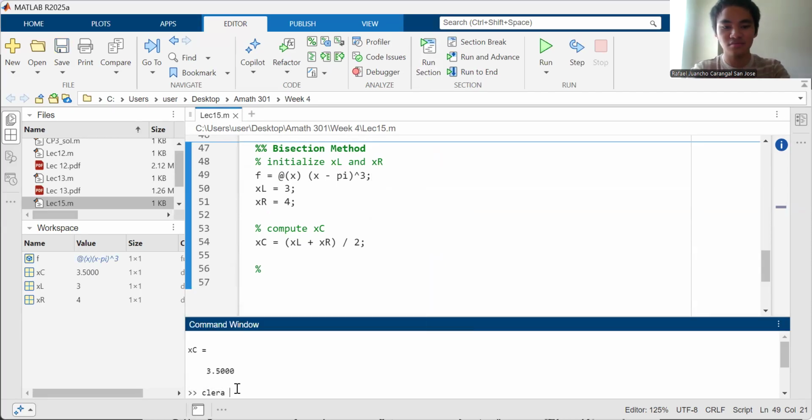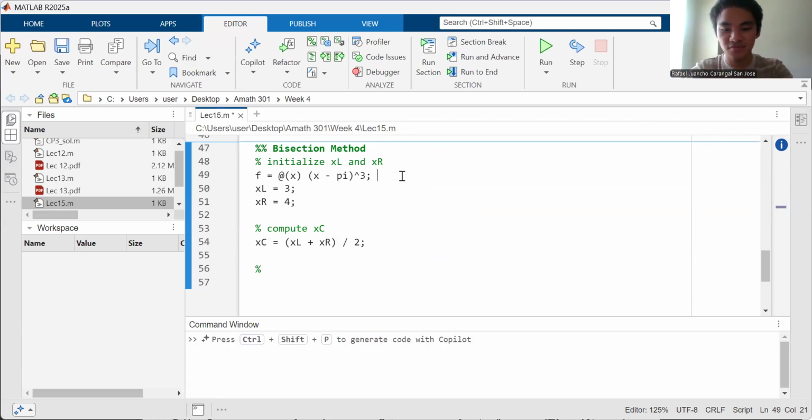That function, if I write it, is basically f of x equals x minus pi, all to the power of 3.